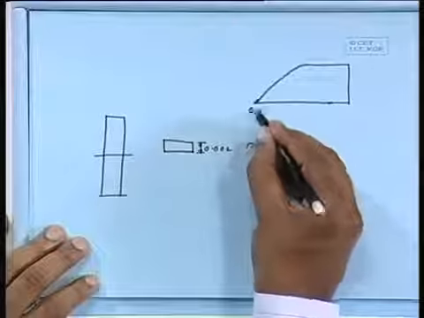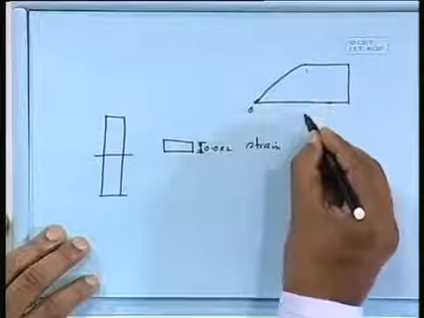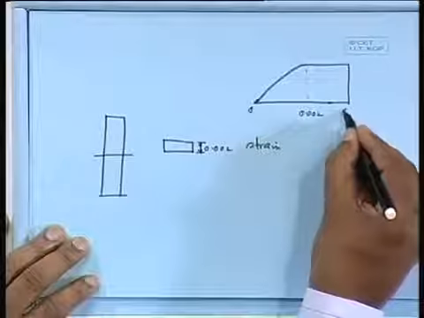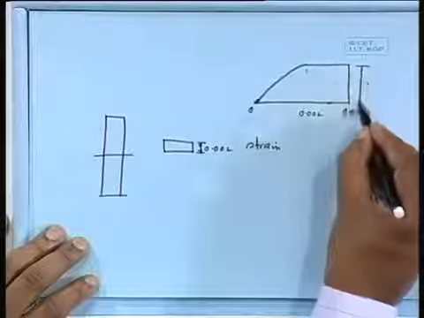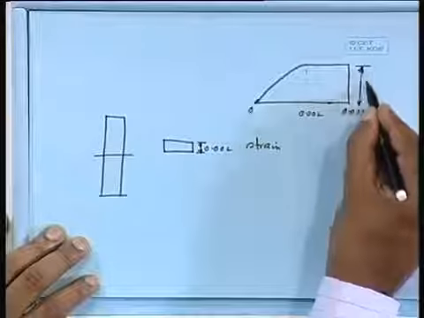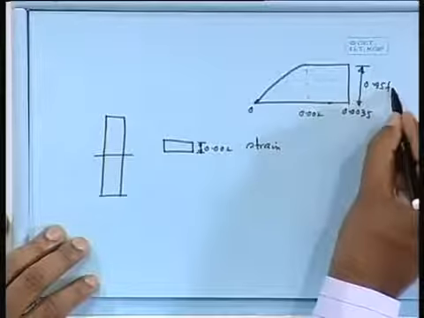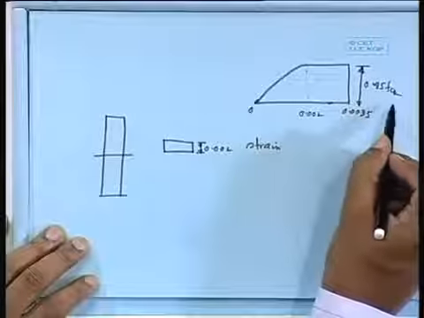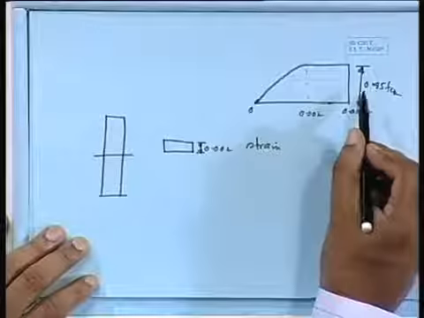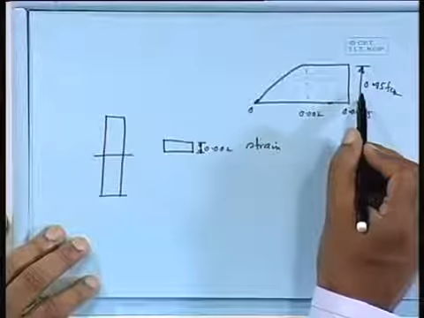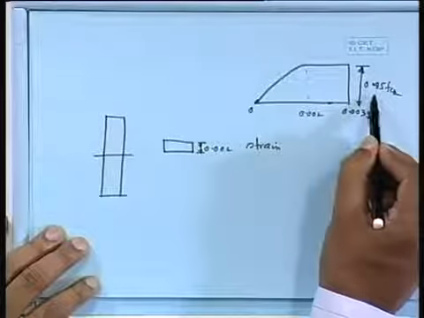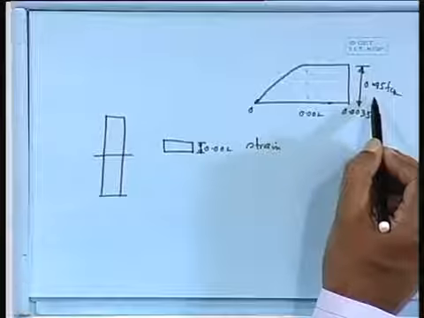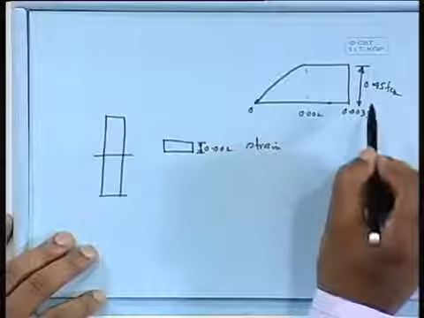That means 0, somewhere here 0.002, 0.0035, and what about the design stress? This one, 0.45 fck. 0.45 fck is the design stress that we have to accept. After the partial safety factors and a lot of other things, that twice you are doing, then you are getting 0.45 fck, which is nothing but 4/9 of fck.